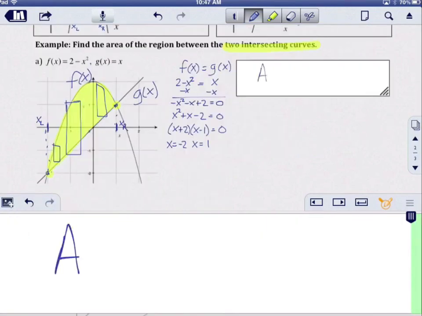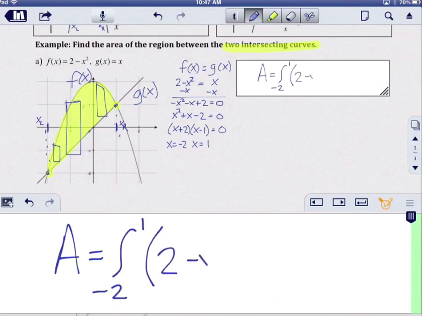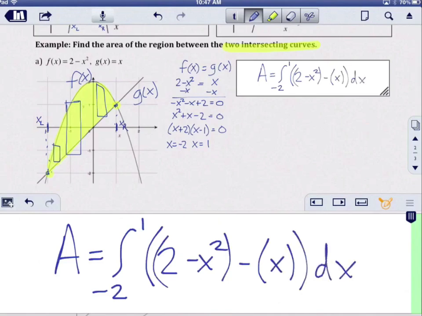So the area is going to be the integral from negative 2 to 1 of my top function, which is going to be 2 minus x squared, minus the bottom function, which is just x, with respect to x.